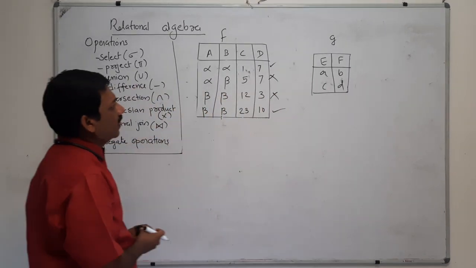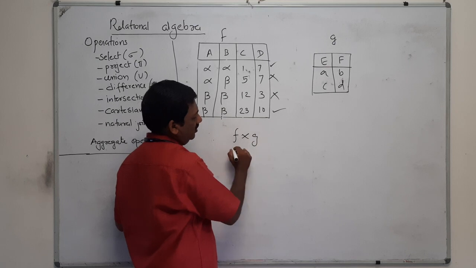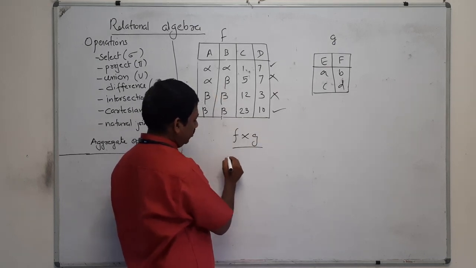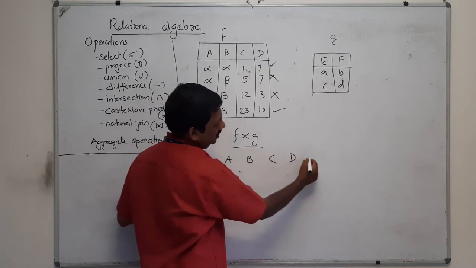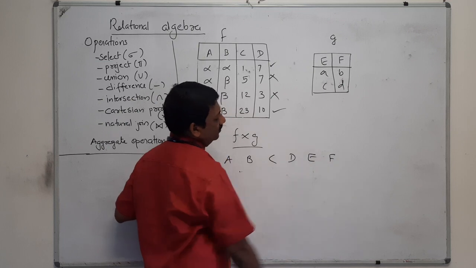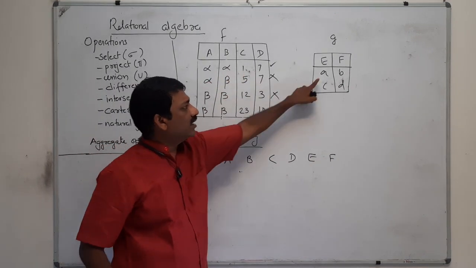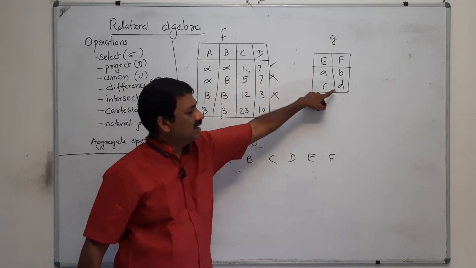What will happen if you take the cross product of F cross G? This F cross G has how many attributes? A, B, C, D, E, F. And the first one is alpha alpha 17 AB, alpha alpha 17 CD.